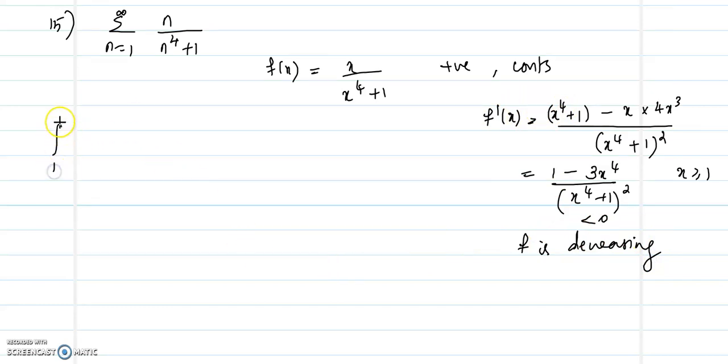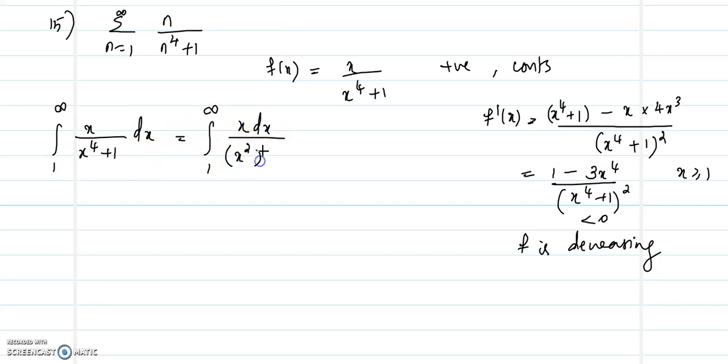Now we will evaluate the integral from 1 to infinity of x by x raised to 4 plus 1 dx. So let me write it as x dx by, we can write this as x square whole square plus 1. Then we use a substitution u equal to x square.